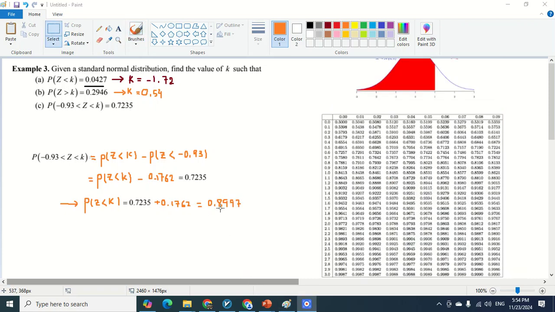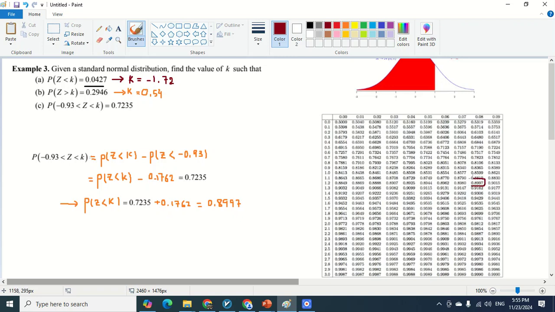We add them together, the result is 0.8997, and because this value is greater than half, we should look at the value inside the positive table. If you just take a look at it, you can find it over here. We are looking for the value 0.8997, and we found it over here.